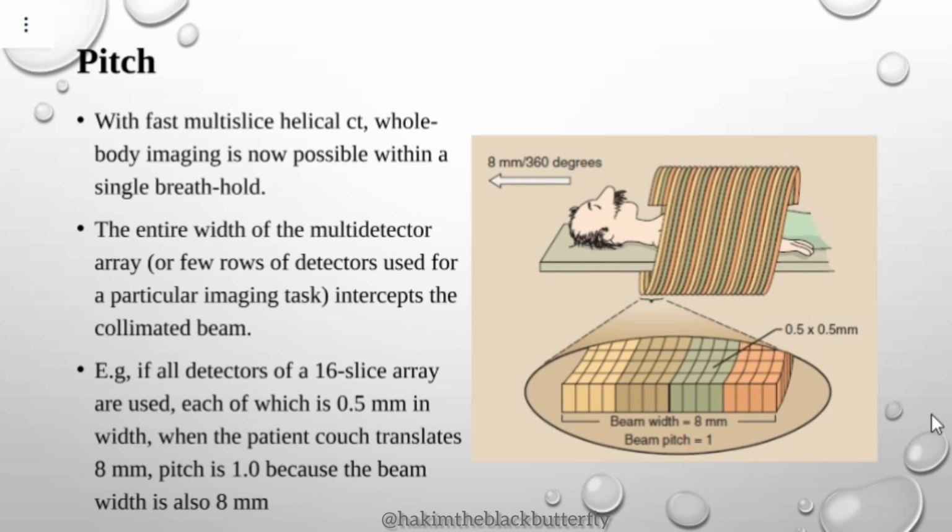Okay. It means that in a single rotation, the CT can get a number of slices. In just a single 360-degree rotation of the X-ray tube and the detector, you can get a number of slices of anatomy. If it was a single slice CT, that means on every rotation, we are just getting a single slice of anatomy. With multi-slice, in a single rotation, you get multiple slices of anatomy.